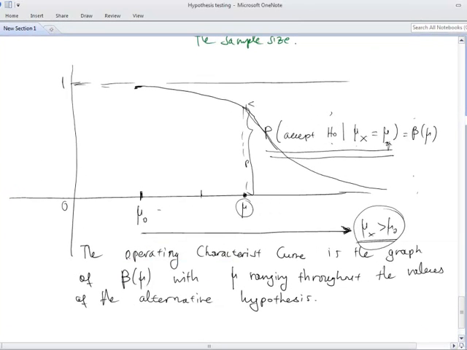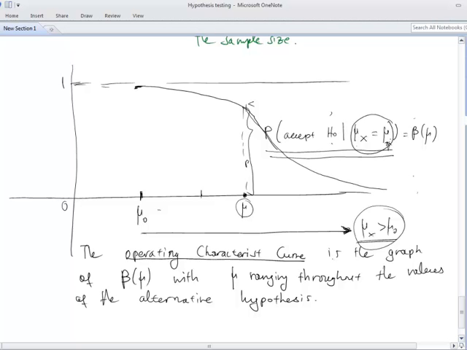This operating characteristic curve is the graph of a function, the function beta, given that the true mean of x is a value mu which belongs to the range of the possible values of the mean of x, given that the alternative hypothesis is true.